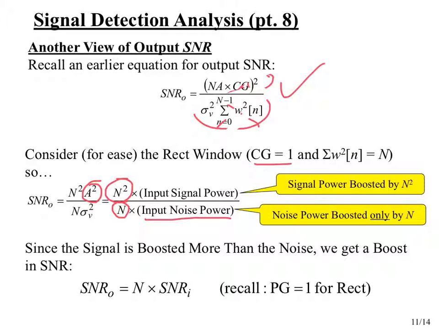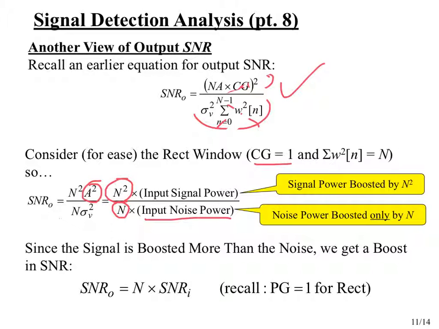The input signal power gets boosted by n squared to become the output or peak signal power, and the input noise power only gets boosted by n to become the noise floor power. So that's how the race gets won by the signal.